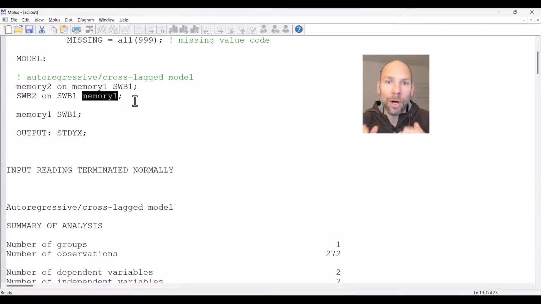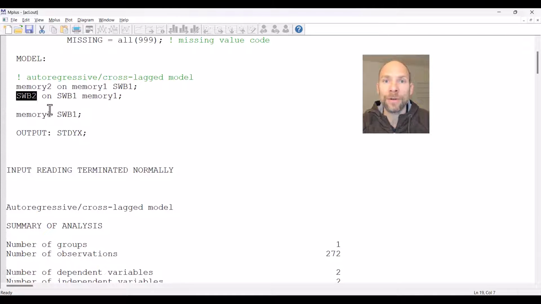What Mplus will also include by default is the residual correlation between the residuals or error terms for the endogenous variables memory 2 and subjective well-being 2. Remember, those are the dependent variables. They appear on the left-hand side of the on statement, and so they have error terms associated with them automatically, because we're assuming that they cannot be perfectly predicted in the regressions.